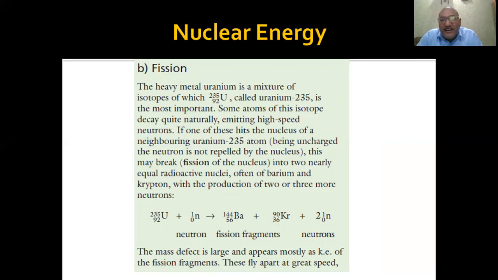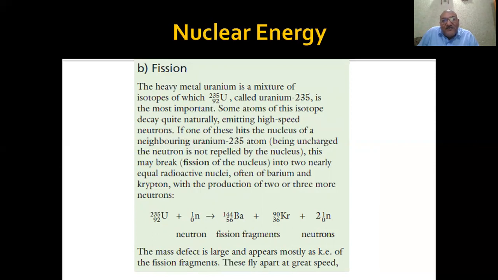And when it breaks, it makes 2 smaller nuclei, barium and krypton. And when they are produced by the breakage of that larger nucleus, 2 more neutrons are produced. And when those 2 neutrons are produced and they are also at very high speed, they can go and do the fission of 2 more uranium nuclei.